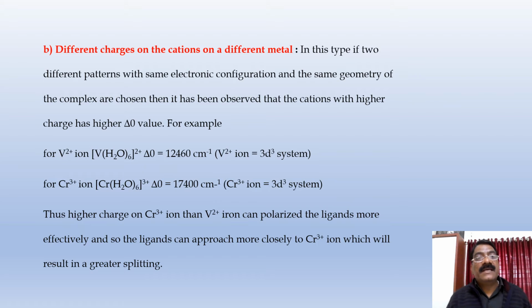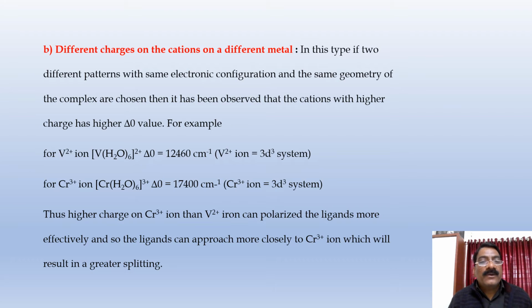Second, different charges on the cation of different metals. In this type, if two different partners with the same electronic configuration and the same geometry of the complex are chosen, then it has been observed that cations with the higher charge have the higher delta O or 10 dq. For example, vanadium 2+ and chromium 3+.